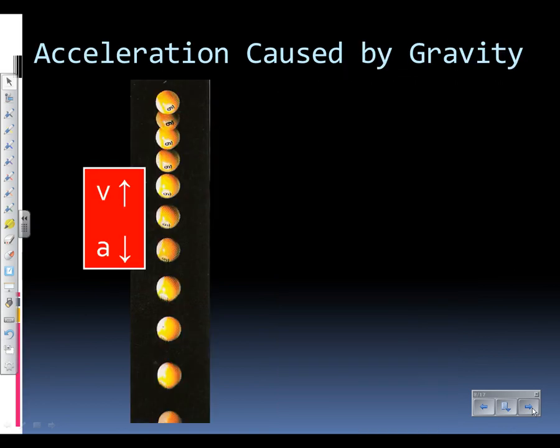On the up trip, if we pick a frame of reference where we call up positive and down negative, this object is going up, so it will have a positive velocity value. What will be happening to its positive velocity values on the up trip? They will be decreasing, but because it's still going up, they'll still be positive.